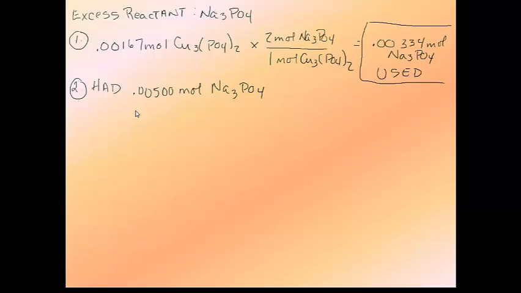According to step number 1, I used 0.00334 moles of it to make the precipitate.